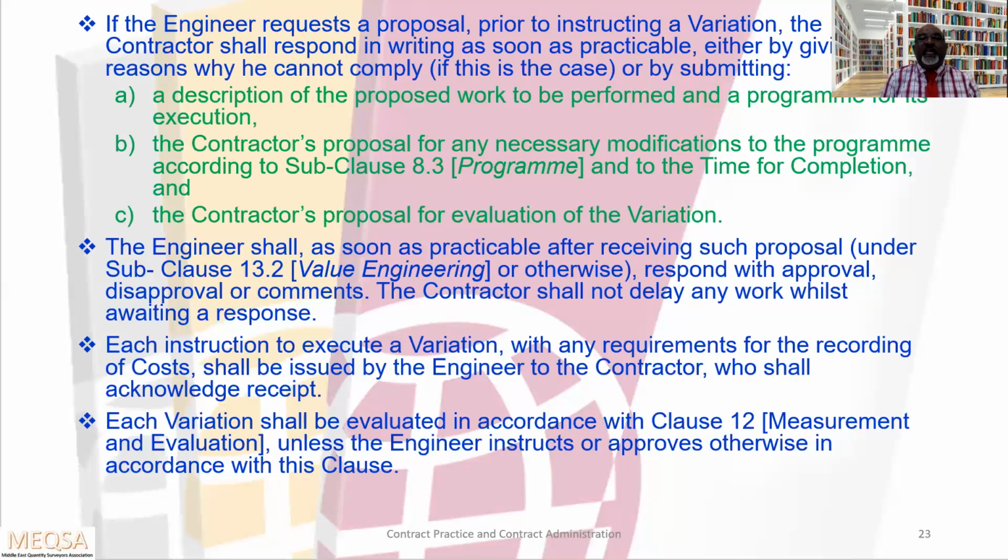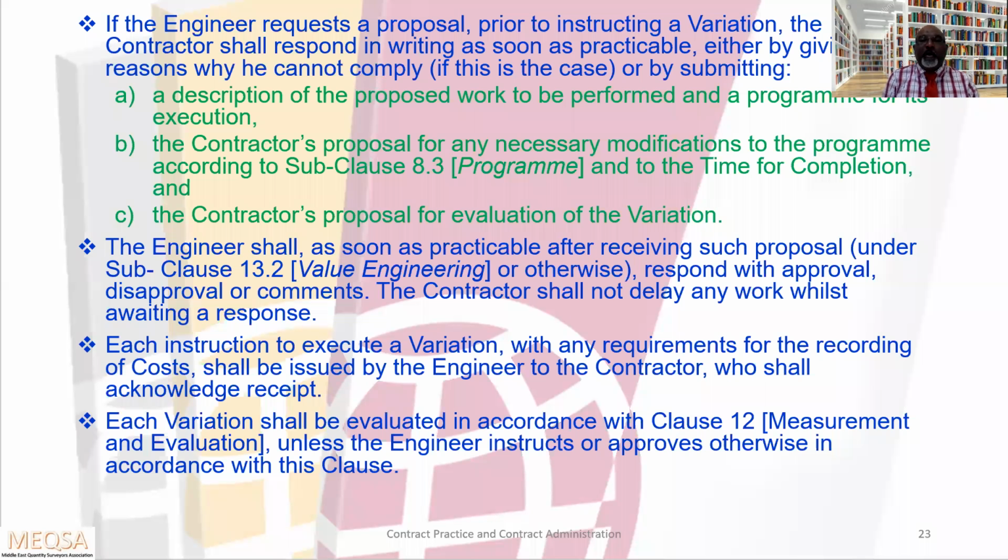Now here, if the engineer requests a proposal prior to instructing the variation, the contractor shall respond in writing as soon as practicable, either by giving reasons why he cannot comply or by submitting a proposal. If you want to reject, you have to give in writing the reason. If you want to proceed and submit the proposal, you have to include this: A, a description of the proposed work to be performed and the program for its execution.